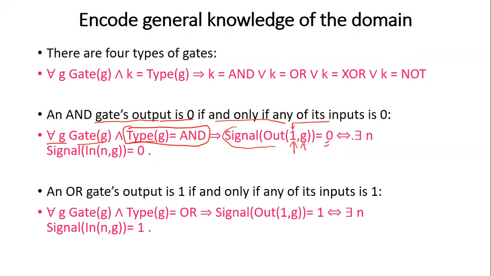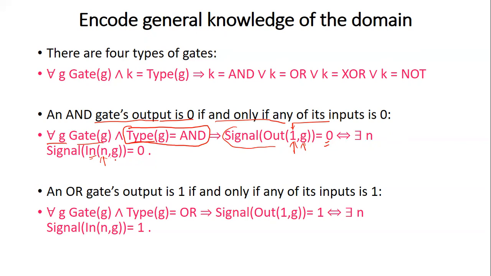There is a condition bidirectionally equivalent to there exists an n such that signal of input, at least one of the input, this n represents all the inputs to the gate. So there exists an n such that signal of input of n comma g equals 0.